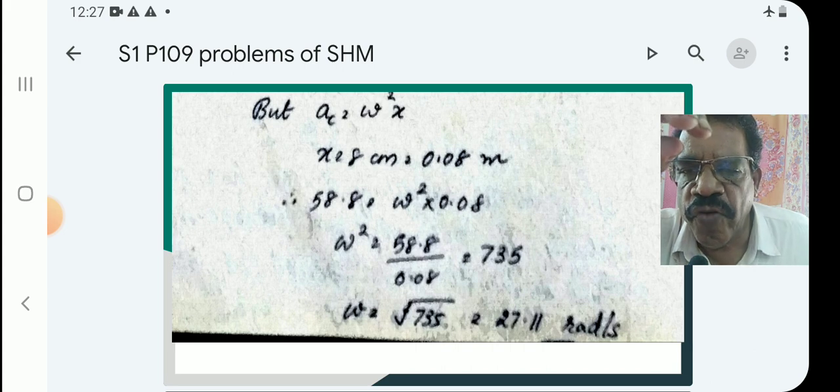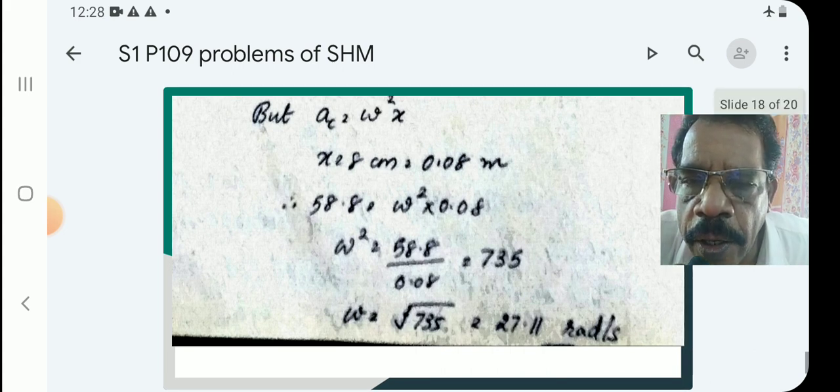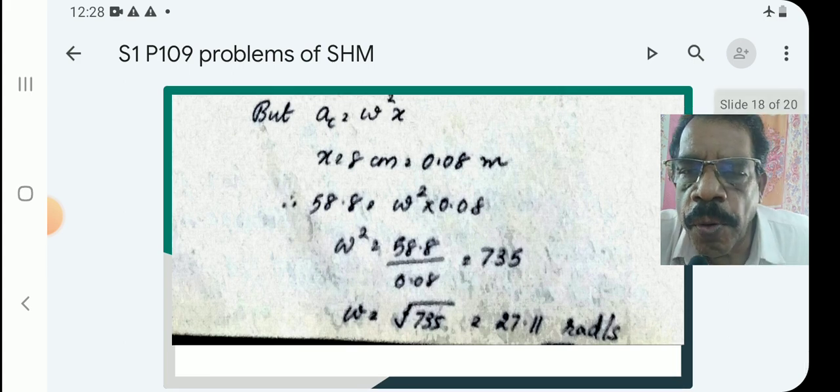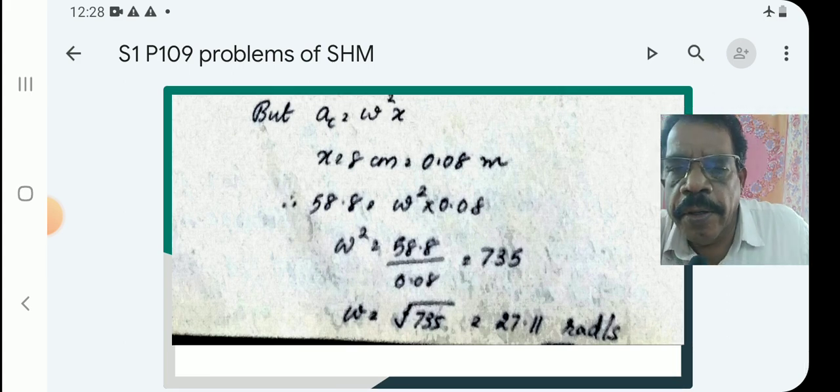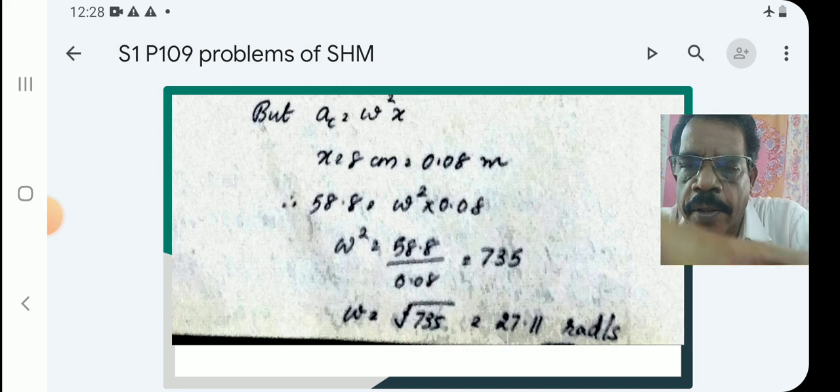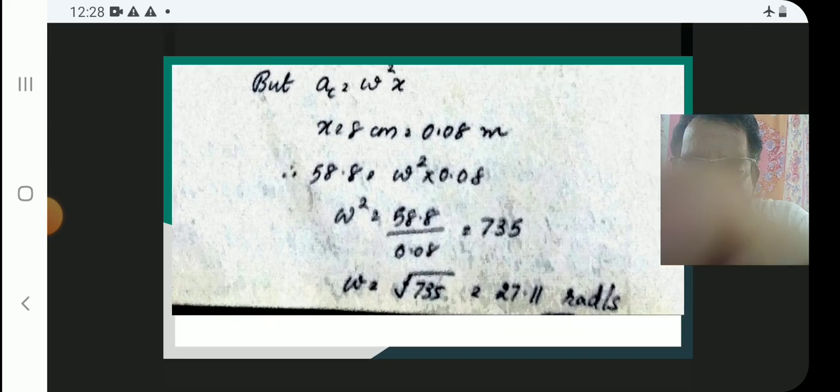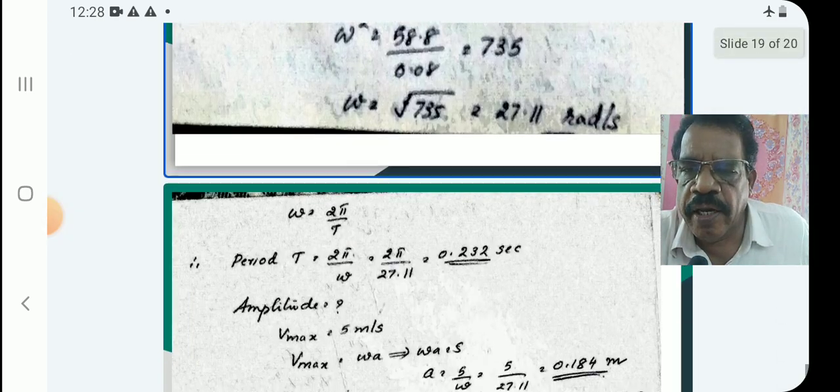Omega is root of 735, 27.11 radians per second.